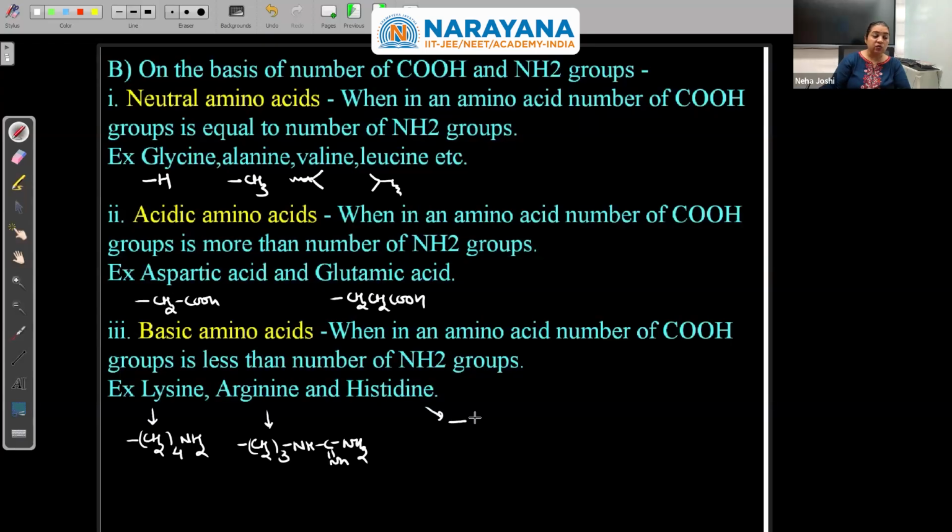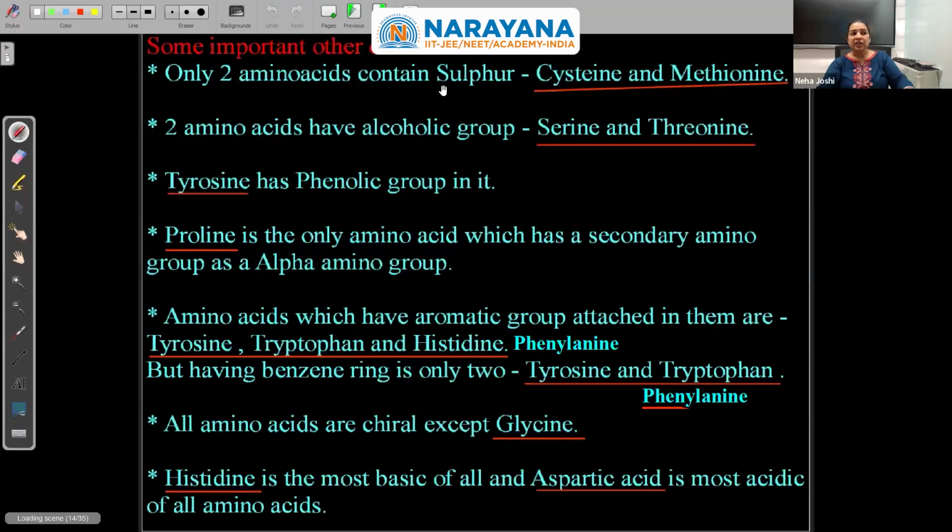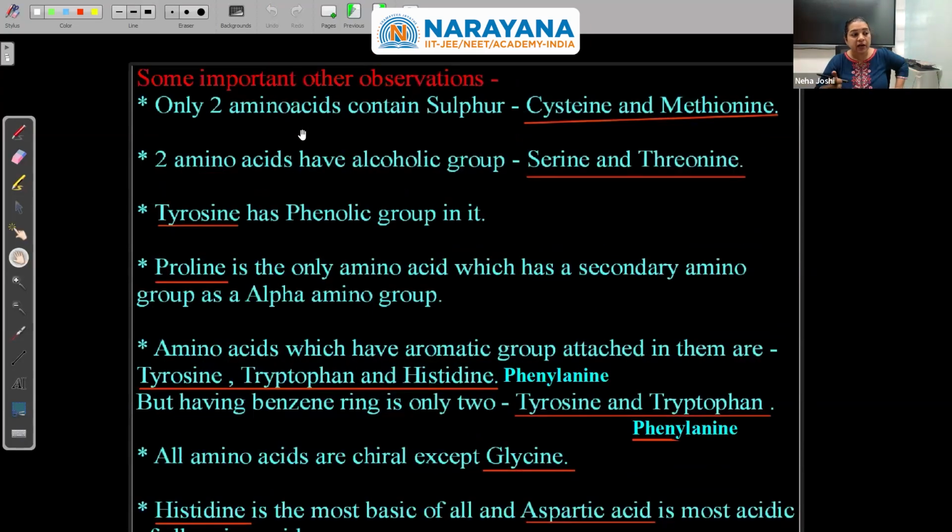In histidine, it was CH2, then comes the point of contact, and there was a NH double bond, NH single bond like this. Right? This was histidine.